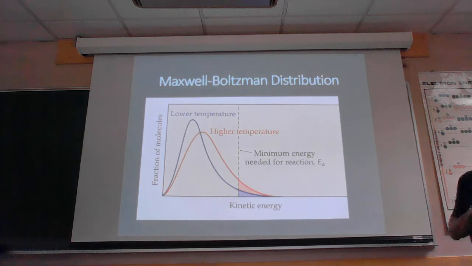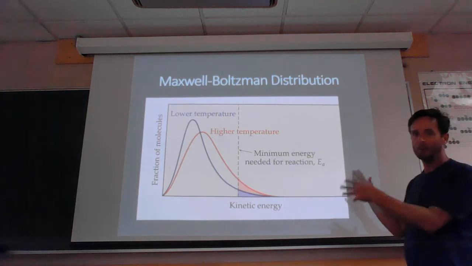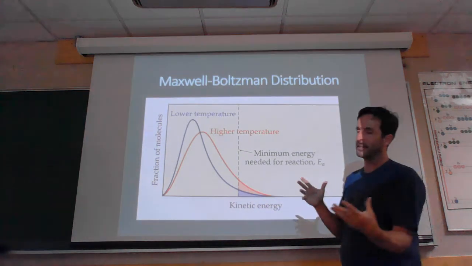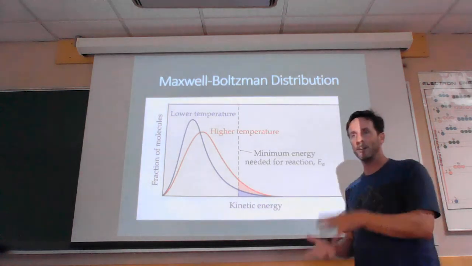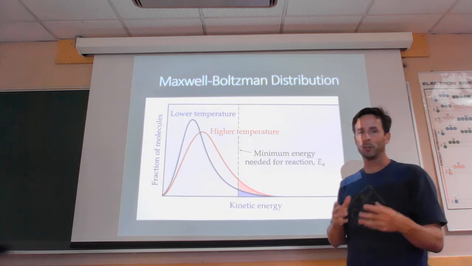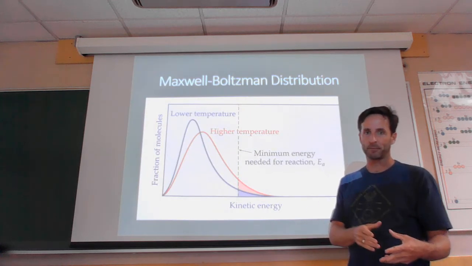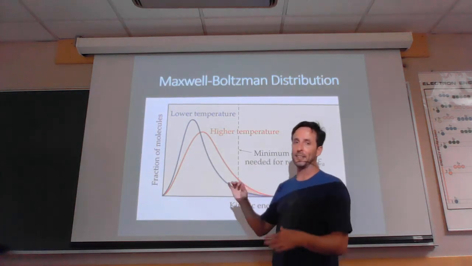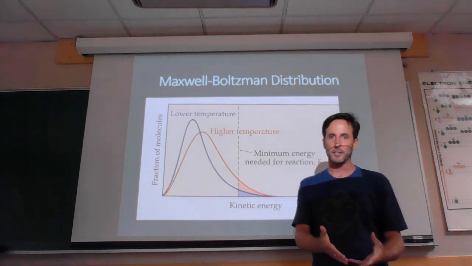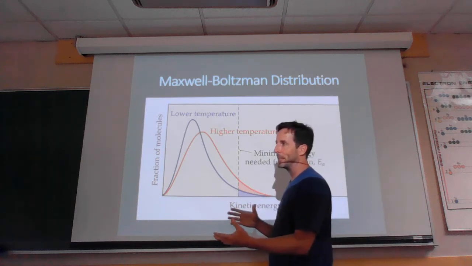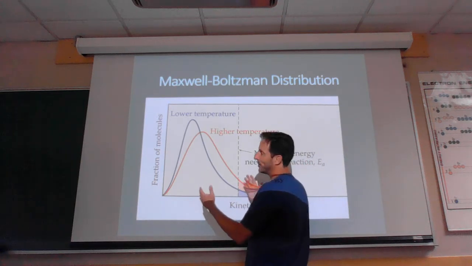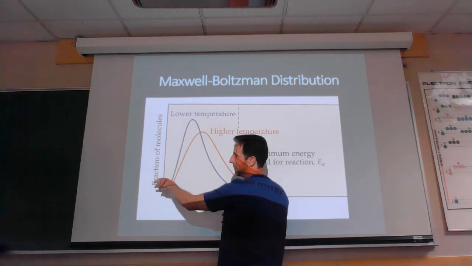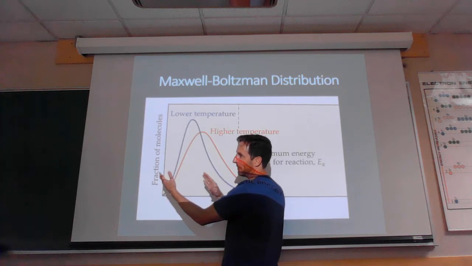So I referred to the Maxwell-Boltzmann distribution. This is a key part of this concept, where this graph demonstrates the range of energy that the molecules could have at a certain temperature. If I focus on the blue curve, let's just say the temperature is 25 degrees Celsius. The y-axis represents the fraction of the molecules that have a certain amount of energy.